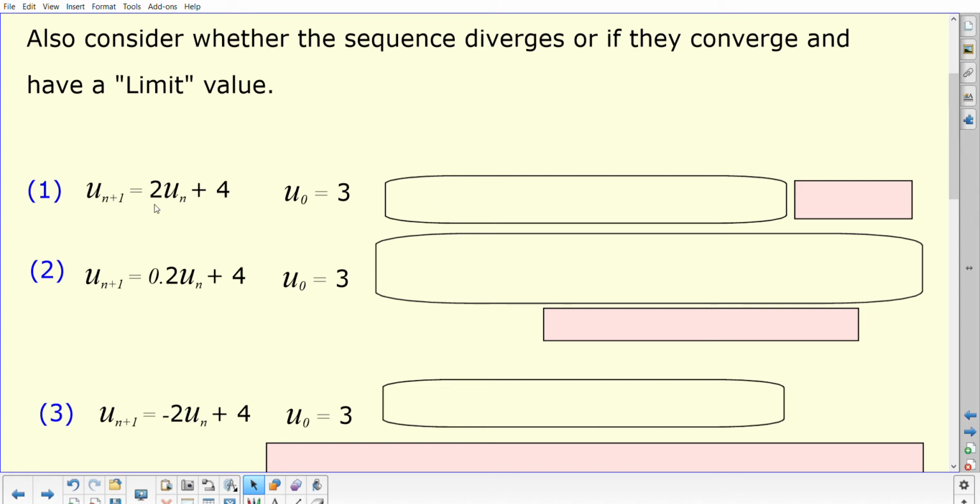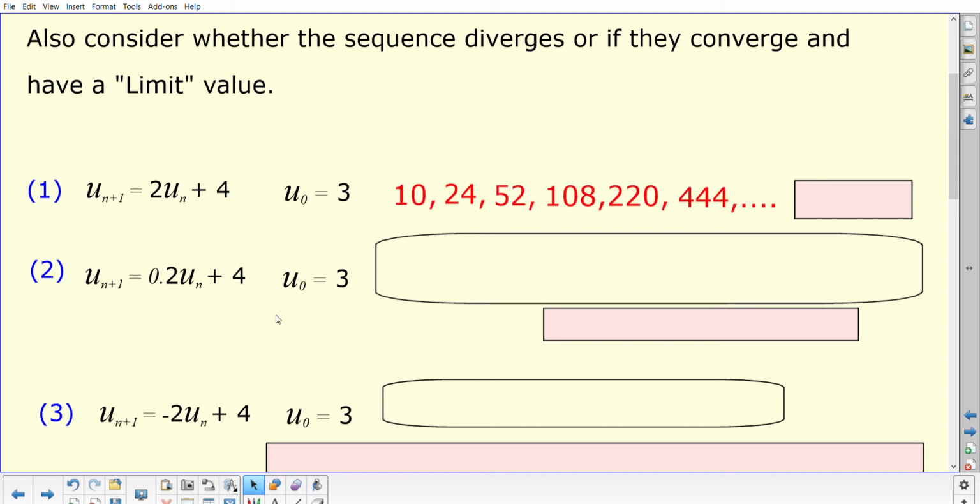So this one here, u(n+1) = 2u(n) + 4, we're looking to see what kind of sequence that generates. The difference here is that instead of having plus 3, like we had in example 1, we've now got plus 4. The sequence that generates goes up and up and up, and so we would say that sequence diverges.